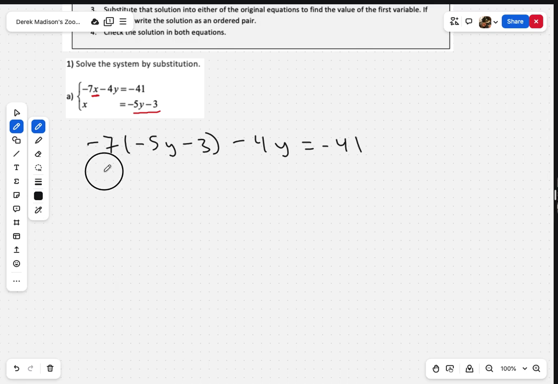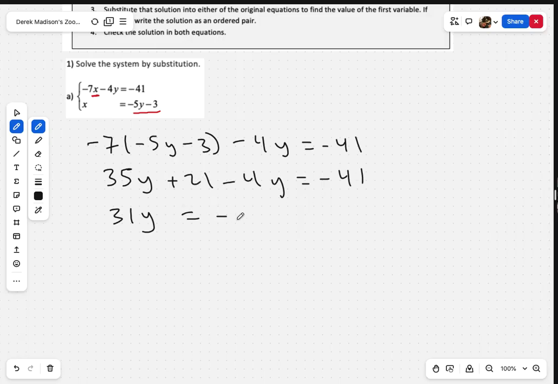So that's going to be positive 35y, positive 21, minus 4y equals negative 41. 35y and 4y, so we can make that 31y. There's a plus 21 here, so I'm going to subtract that over to this side. That's going to be negative 62. Divide both sides, and y equals negative 2.